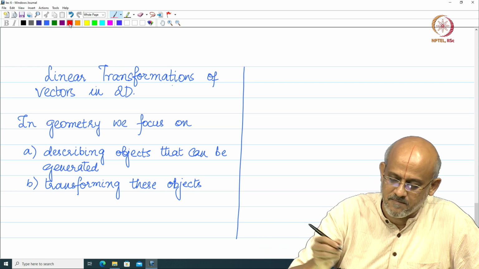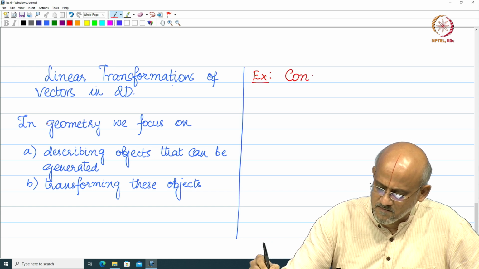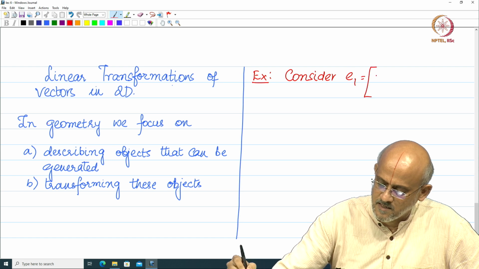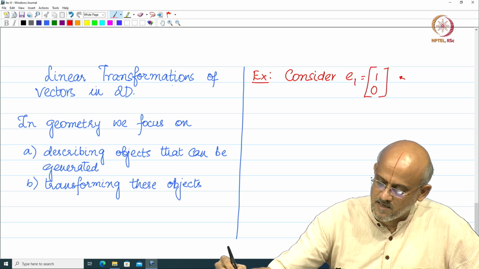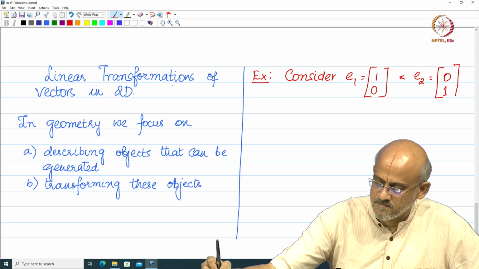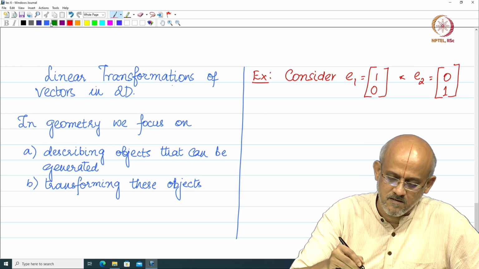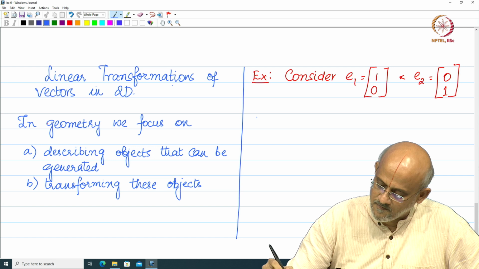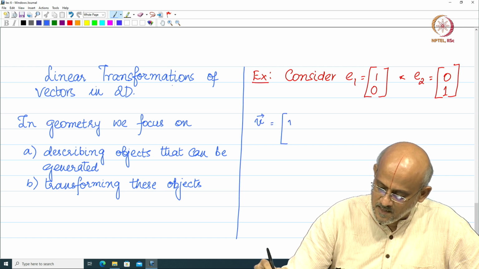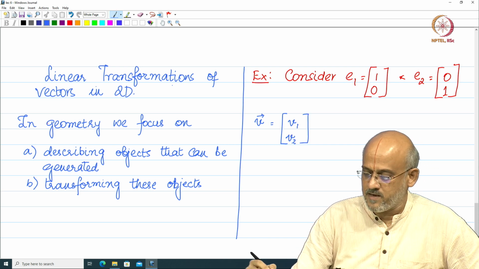Okay, let us take a simple example. Consider E1 to be this vector, let us say 1 0, and E2 to be this vector, let us say 0 1, right. Now, I want to generate a vector V which has components, let us say V1 and V2. Now how do I generate this vector?